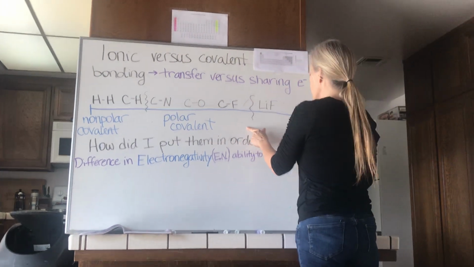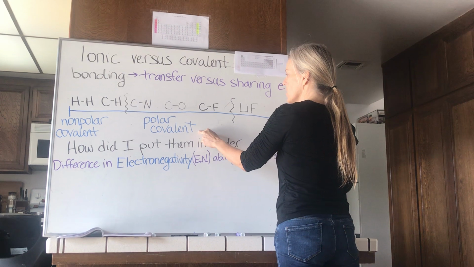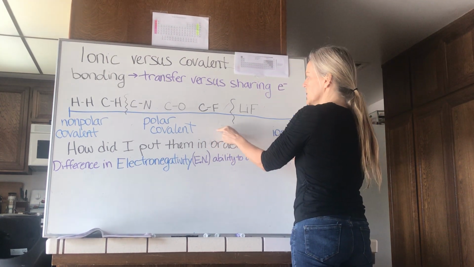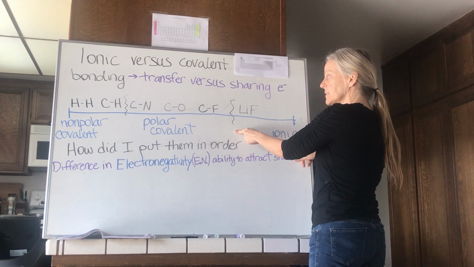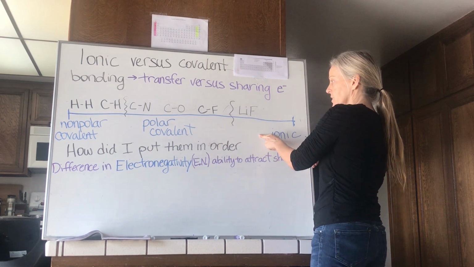And even when you get over here to ionic, there's bonds that are more and more polar. So more and more ionic in character, or polarized based on one having a more positive and one having a more negative charge.